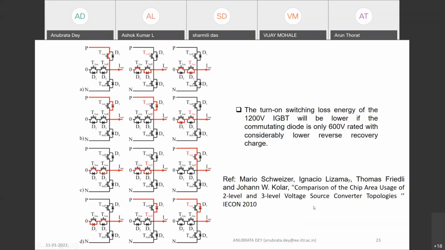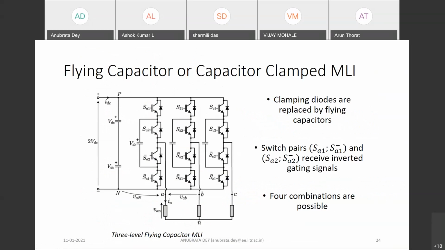I think I will stop here, but one more thing is there: the flying capacitor. I will not talk much about it; you probably already know it. Apart from this clamping technique, it is also possible to get another level by using flying capacitors. Here, the main difference from the previous topology is that the neutral point is not getting clamped. You need not take out this neutral point, but you are using a flying capacitor.